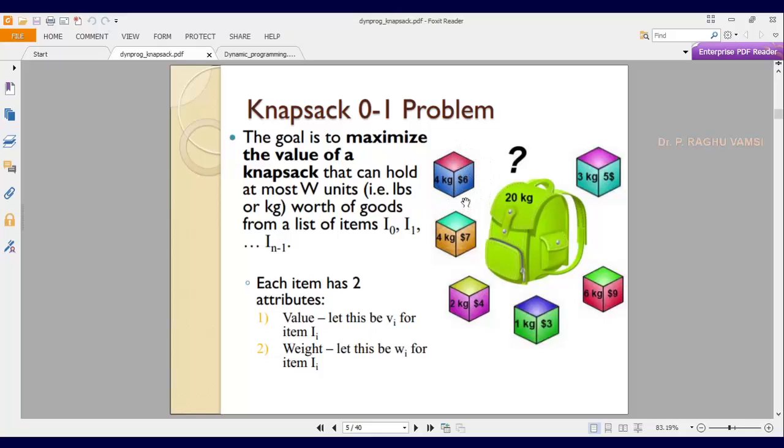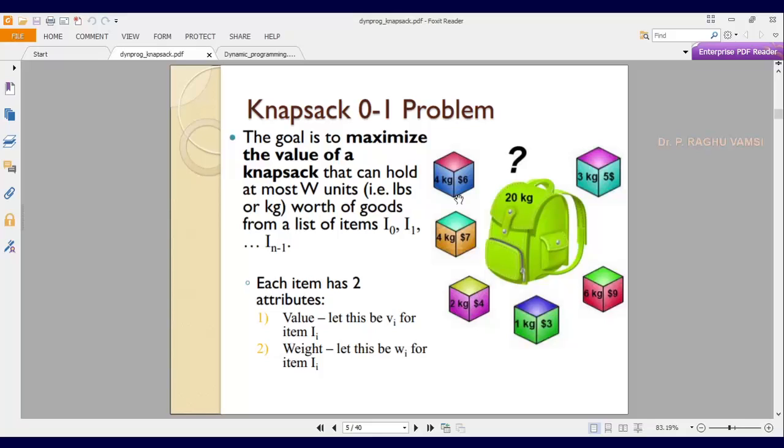For example, you have 10 kgs of cotton, and you have 1 kg of gold. Even though it is only 1 kg, the cost, that is the benefit that you achieve, is more. So even though an item has a small weight, sometimes the benefit of taking it into the bag may be more.